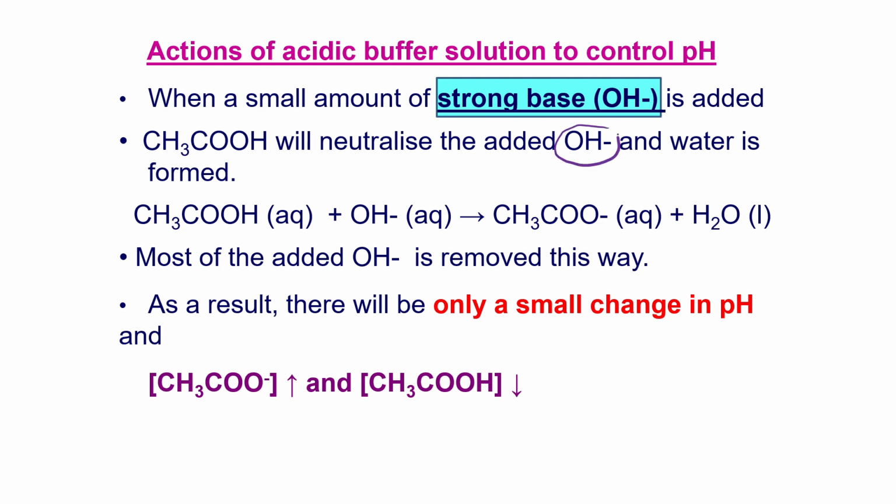OH minus ini akan dineutralkan oleh weak acid, which is the opposite with bila kita masukkan H3O+. Jadi water is formed, iaitu weak acid dia akan bertindak balas dengan OH minus. So OH minus dia akan form water dan juga acetate semula.